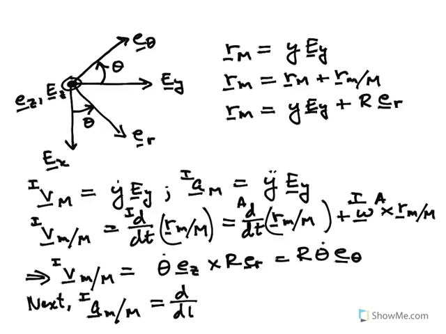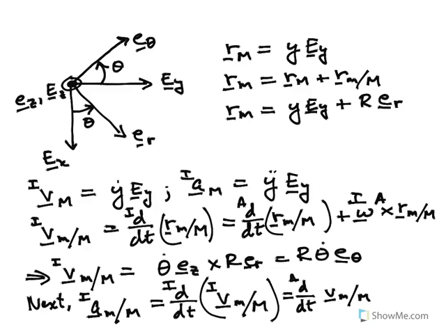That's equal to the rate of change in the inertial frame of the velocity of little m relative to big M in the inertial frame, which is equal to the rate of change in frame A of the velocity of little m relative to big M in the inertial frame, plus the angular velocity of A in I crossed with the velocity of little m relative to big M in I.